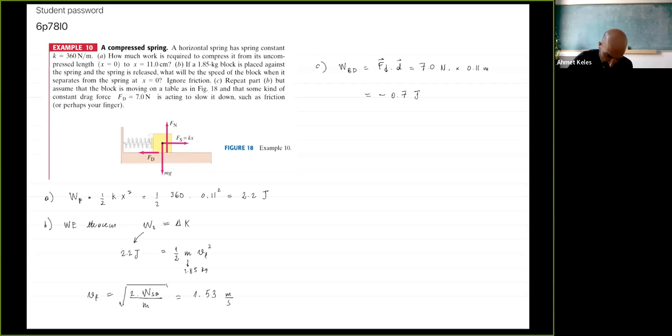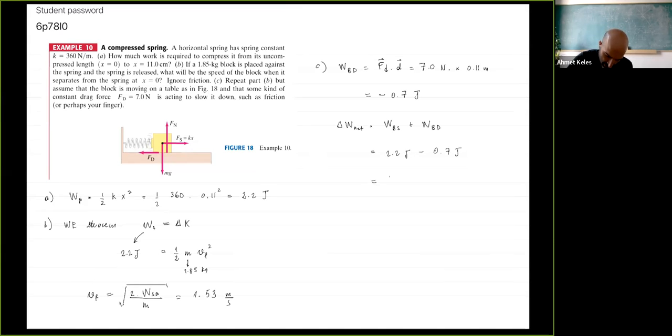And now I need to use the work energy theorem. The net work W net is equal to the work done on the block by the spring plus the work done on the block by the drag force. And we already calculated the work done by the spring. This is 2.2 joules. And the work done on the block by the drag force is minus 0.77 joules.